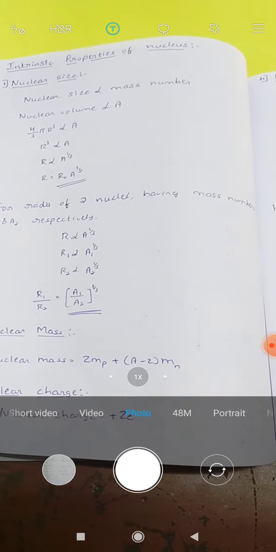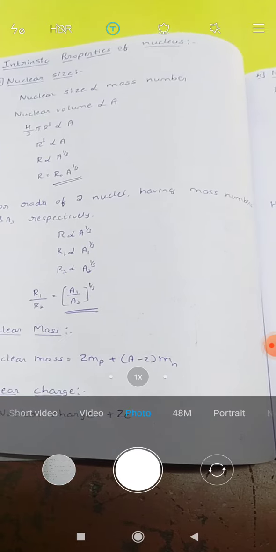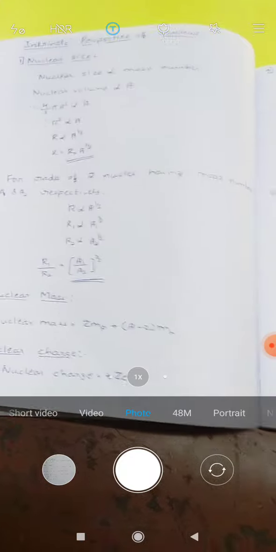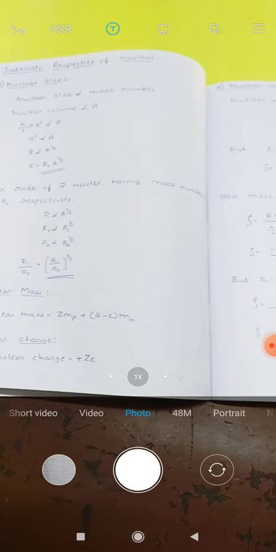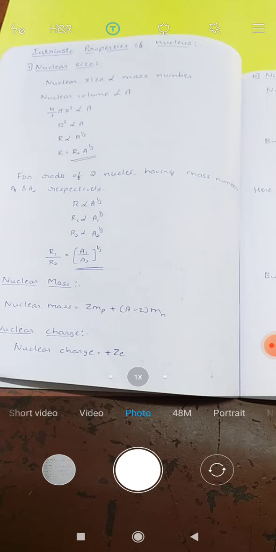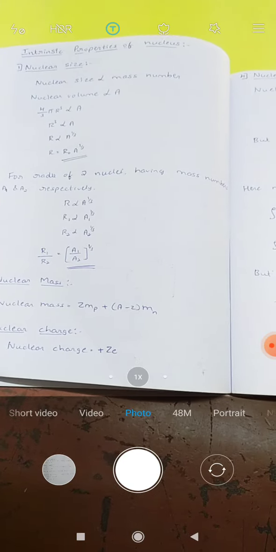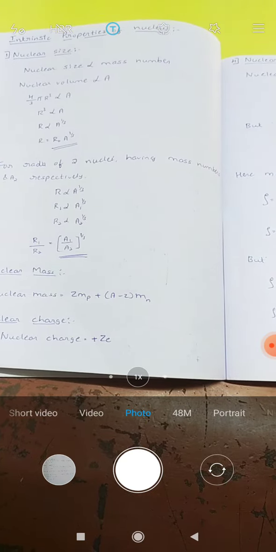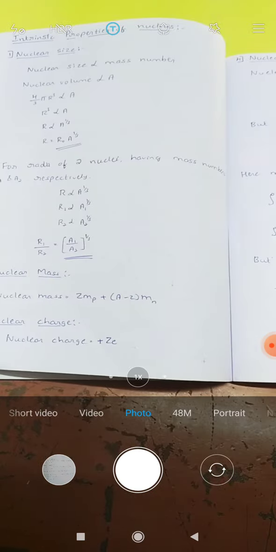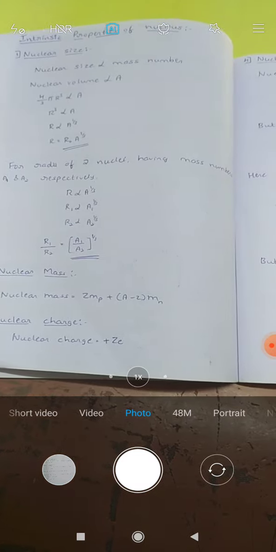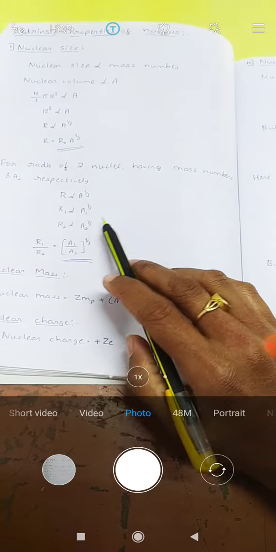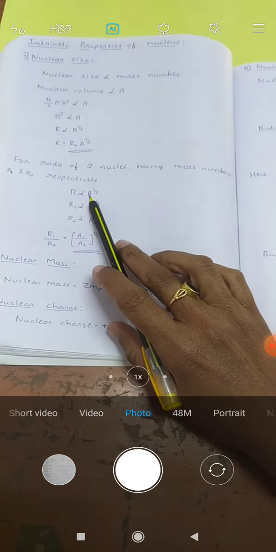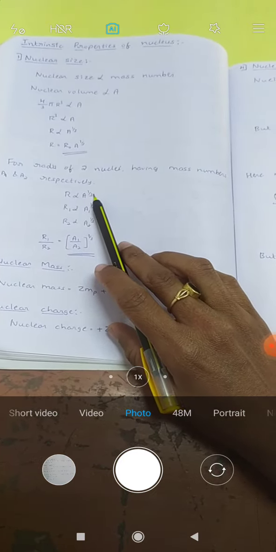At the same time, let us consider two different nuclei. Two different nuclei means their sizes will be different, so their radii are different. Let r1 and r2 be the radii of the two nuclei with mass numbers A1 and A2 respectively. The radius of the nucleus is proportional to A to the power of 1/3.